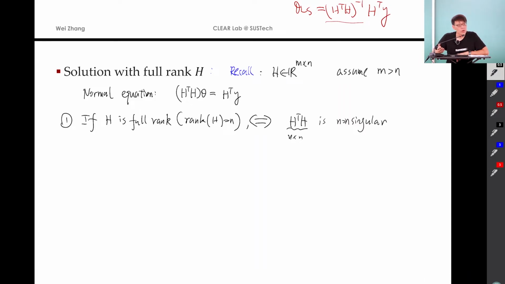It's full rank for a square matrix: all the columns and all the rows are linearly independent. If it's square, that would be non-singular. If it's not square, if it's a rectangular matrix with more rows or more columns than the other dimension, you can only say it's full rank. So it's non-singular. Do you know why? If H is full rank, so full column rank, then this is non-singular.